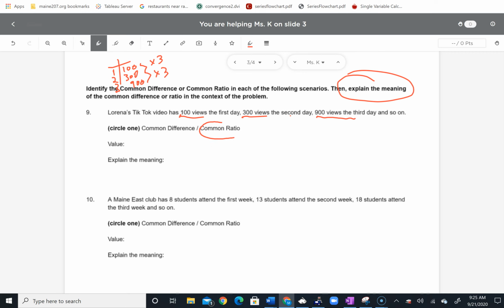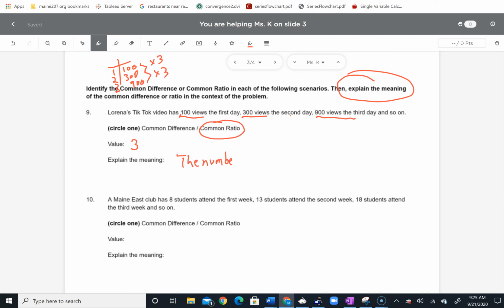So we're going to have a common ratio. This is geometric. Notice that the value that I'm writing is 3. I don't put a times in front. But to explain the meaning, we have to talk about 3 things. We have to talk about what we are measuring. We have to talk about how much it's changing, or how it is changing, and then also how often. So explain the meaning. We could say the number of views.